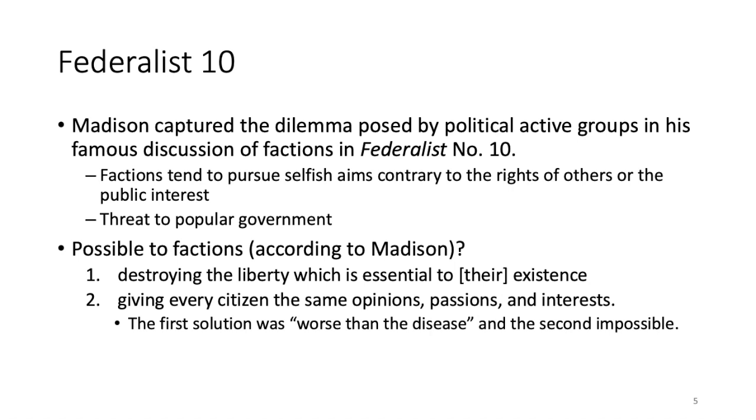He talked about people being able to pursue their selfish aims that are contrary to the rights of others, that were contrary to the public interest, things that were basically factions that would make a threat to popular government. What if the wrong people got a hold of government and used government to do things that didn't benefit the common good?